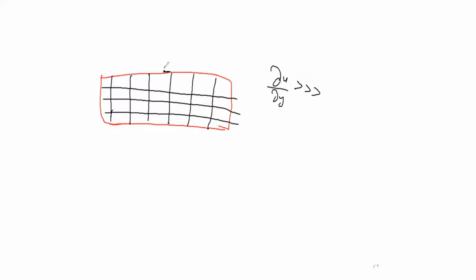Because near the wall, so this is y and this is x. So if you go along y, here it is 0 velocity, here it is 0 velocity, in between it is maximum, 5 meters per second if free stream velocity is that much. So it is changing a lot, right? The gradient is along the y-axis, correct?